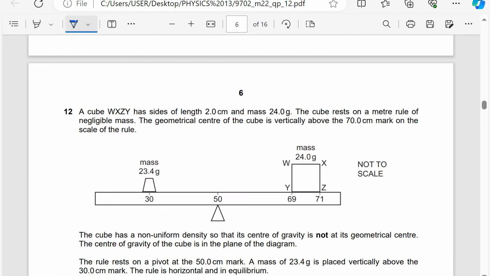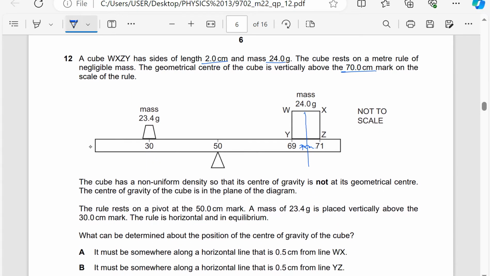A cube WXZY has sides of length 2 centimeters and mass 24.0 grams. The cube rests on a meter rule of negligible mass. The geometrical center of the cube is vertically above the 70 centimeter mark on the scale of the ruler.